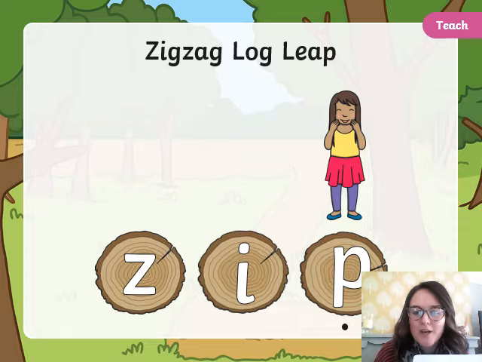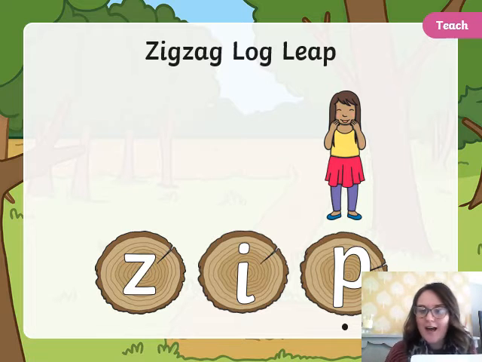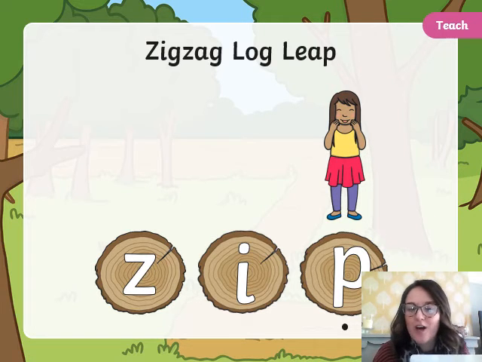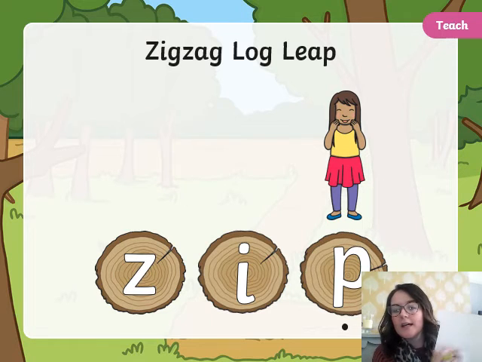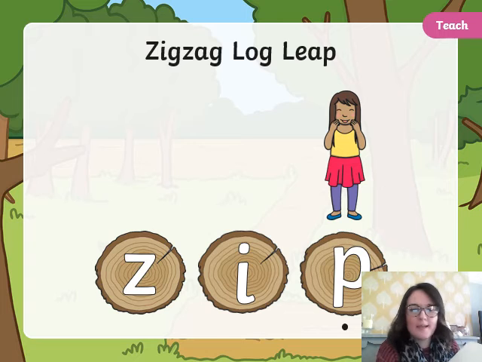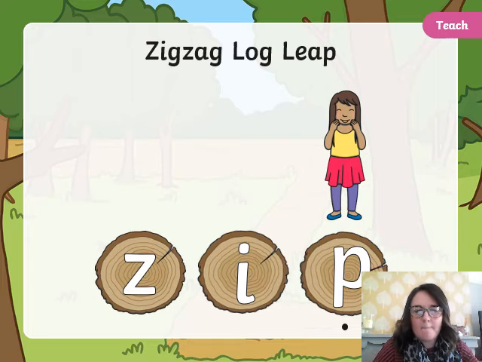Okay, reception, now we're going to look at some words that have got our sound in. I've got our z sound in, okay? So you need your whiteboard, clean it off for me so it's ready for lots of writing, lots of words, okay? We're going to have a look at our first one here. So we've got our sound of the day here.